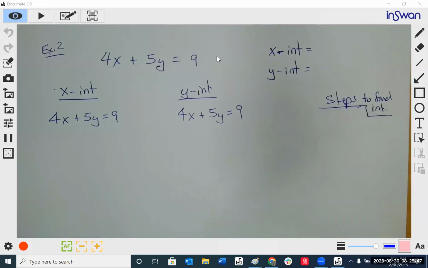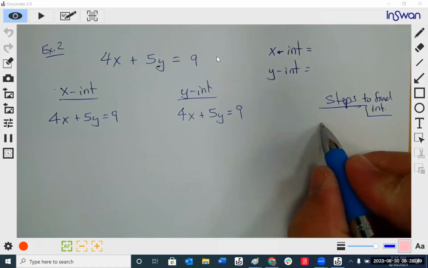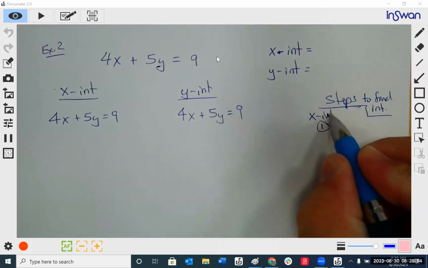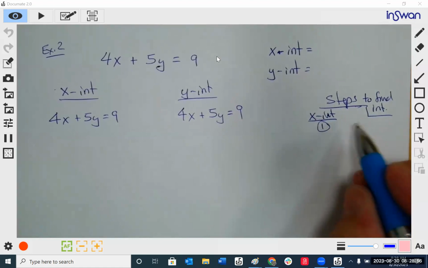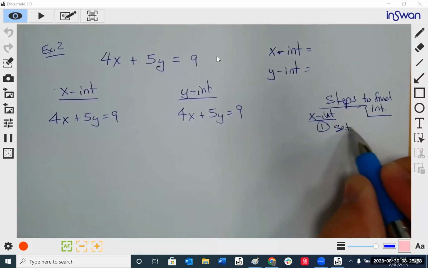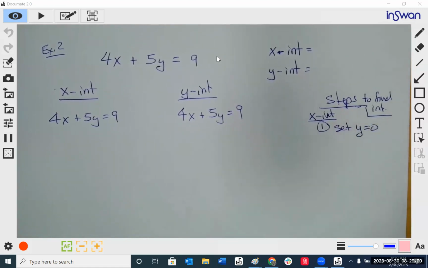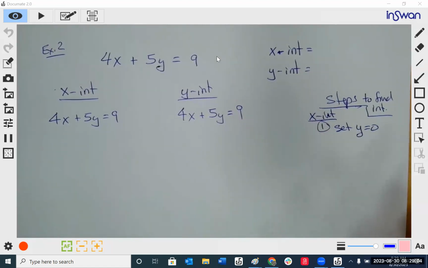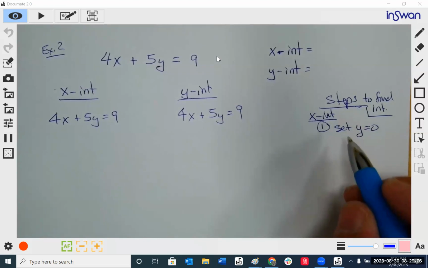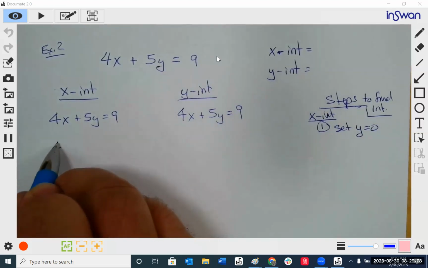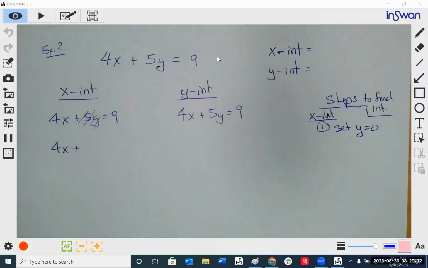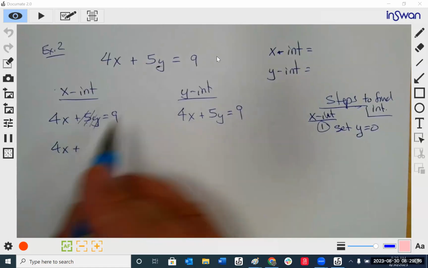To find the intercepts, step one, this is for the x-intercept. The first thing you do is set y equal to 0, because since we're looking for the x-intercept, we don't want the value of y anywhere in there. So we set y equal to 0, or basically just erase it. Anything with a y, we just get rid of it. Because 5 times 0 is 0, it disappears.